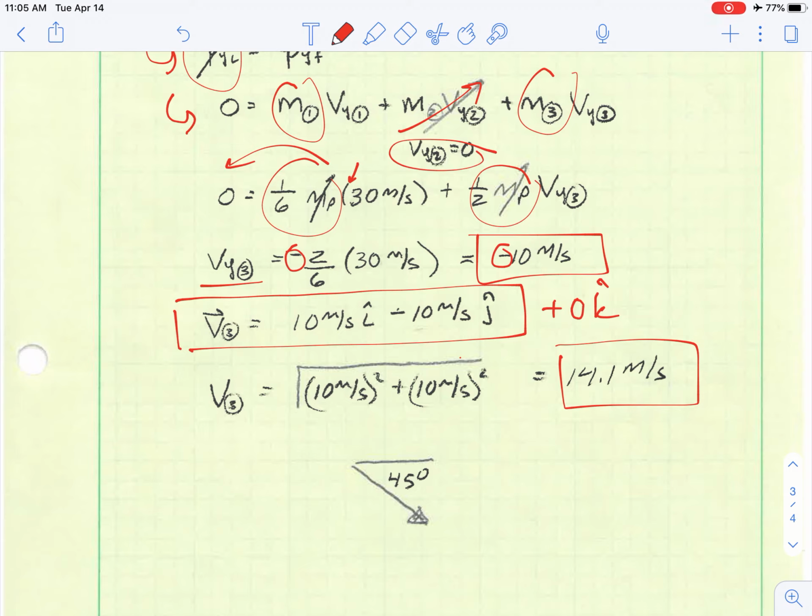Since the components have the same magnitude, you probably realize already that the angle will be 45 degrees, but you can also use tangent and then inverse tangent to find the angle and locate where it is as well, because x component is positive and y component is negative. Remember that these are the x and y components.